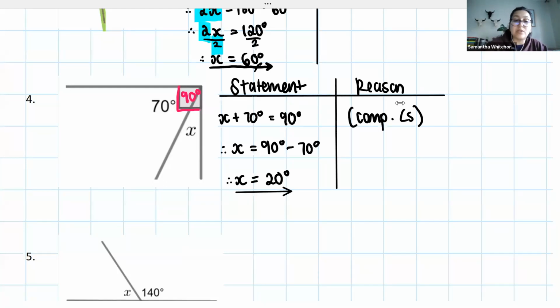So like I said, guys, we don't use this reason often, but it is one that's very useful to know. Just knowing that when two adjacent angles add up to 90, we have complementary angles is going to be very useful later on down the road, especially when you work with quadrilaterals.